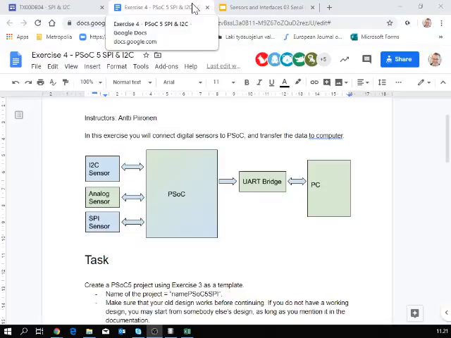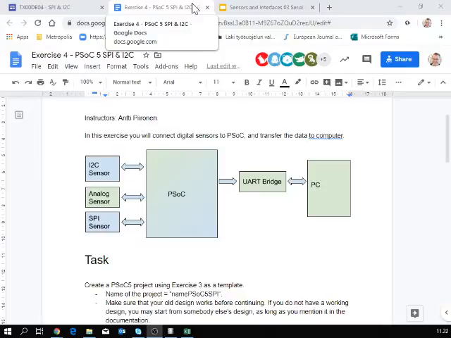MCP, was it 1206? No, something else. This is an 8-pin package which has an SPI interface A to D converter, a 12-bit A to D converter.